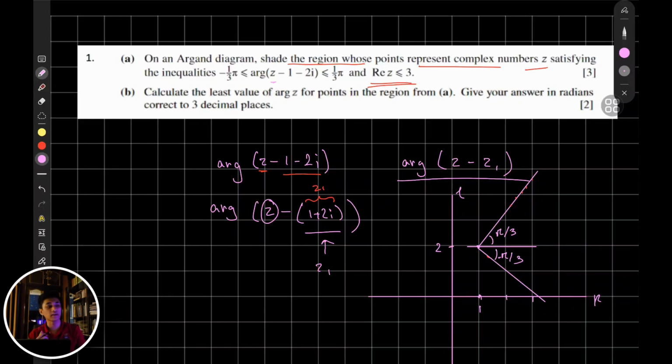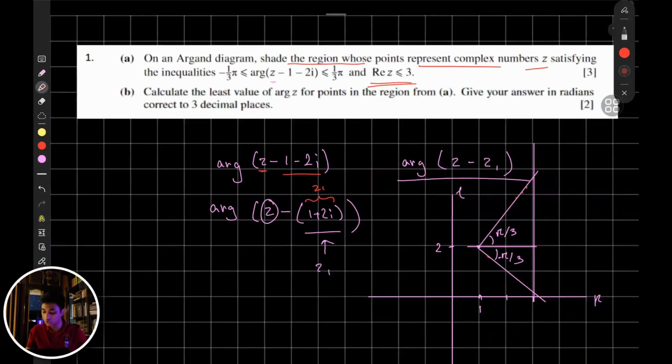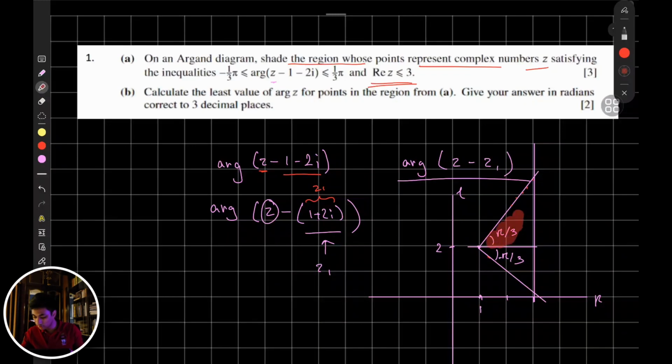So what do you do then? You draw a line at 3. And since they're telling you less than 3, you shade the region. This is your shaded area. Why?